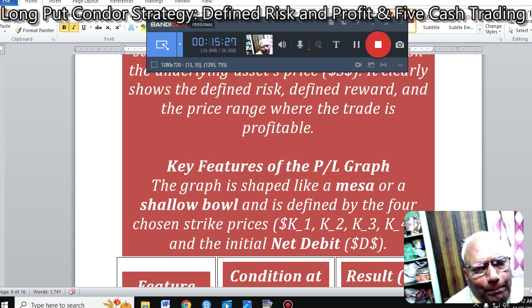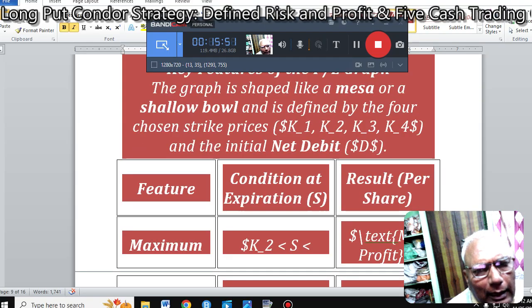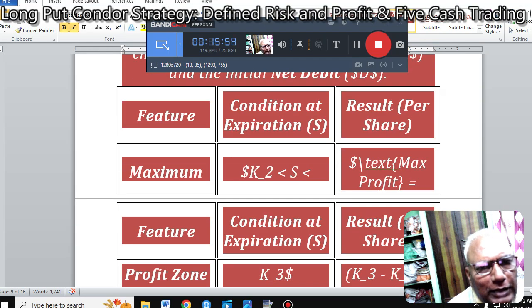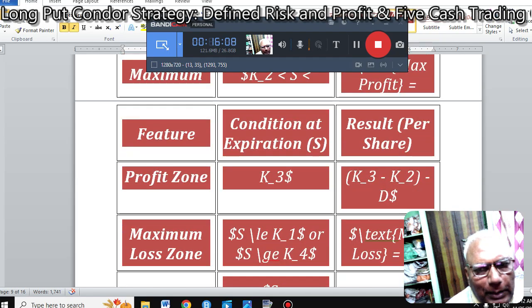Key features of the profit and loss graph. The graph is shaped like a mesa or a shallow bowl, and is defined by the four strike prices K1, K2, K3, K4, and the initial net debit D. Future condition at expiration: the result per share.